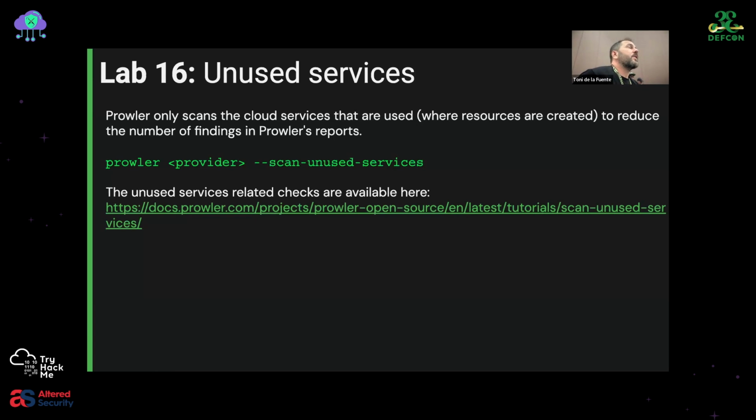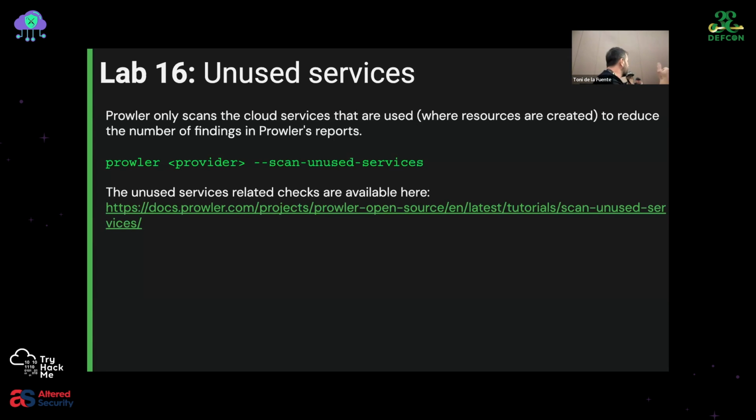Also, something that we added recently is that by default, Prowler, of course, gives you a lot of insights, including for those services that are not even in use. Let's say Glue. The primary workspace of Glue out of the box is not following the best practices, but it's empty. Or a VPC that has not properly configured the ACLs, the NACLs.